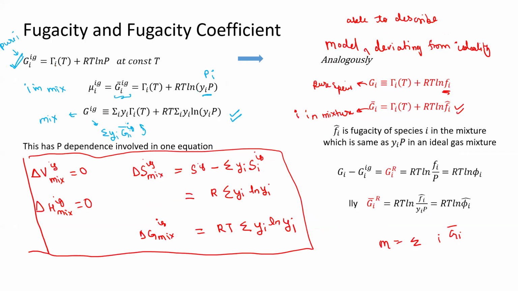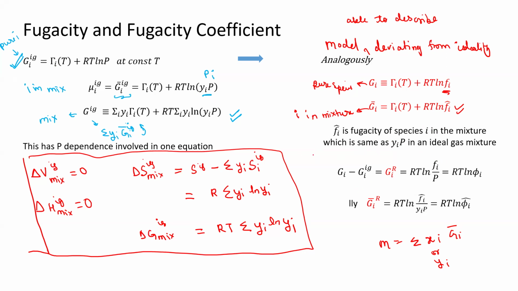Right, so this is the fugacity we say, which has units of pressure, similar to this equation for an ideal gas. And in the mixture, it is represented by phi hat. Okay, this is the fugacity of species I in the mixture, which is the same as YiP in an ideal gas mixture.